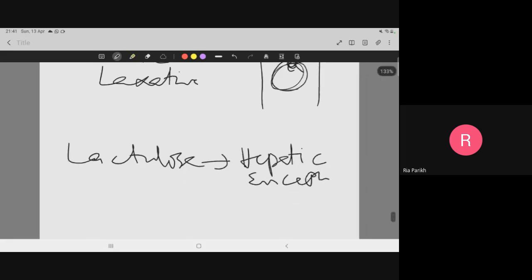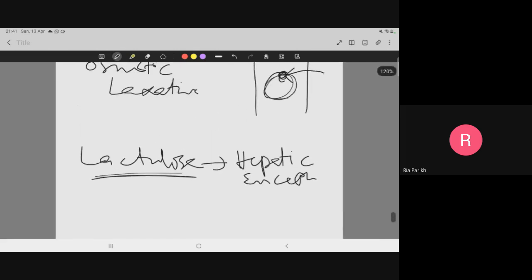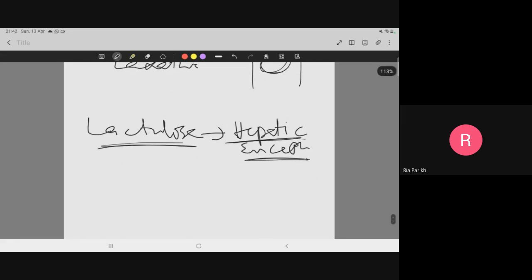Because lactulose is a lactose component, it pulls in water and helps constipation. Another reason why you use lactulose is that it can help with hepatic encephalopathy, but with a different mechanism of action. Your gut bacteria utilize this lactulose and make lactic acid, and this lactic acid will trap your ammonia, and if your ammonia is trapped, you can have decreased excitotoxicity of your CNS.